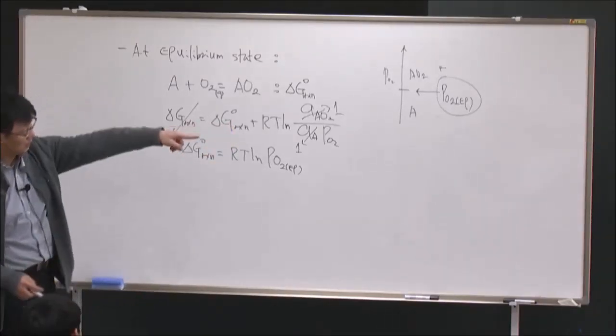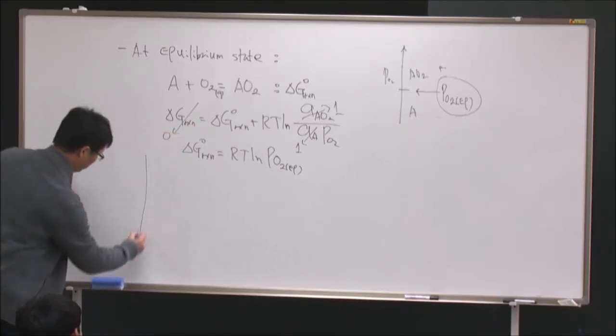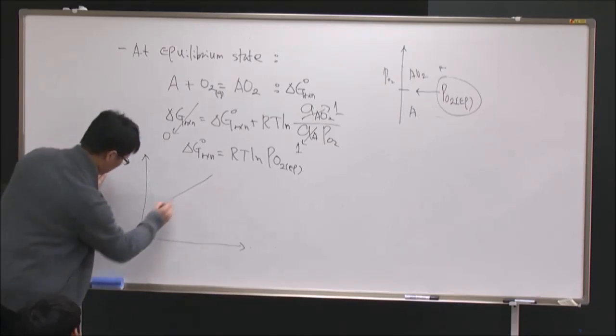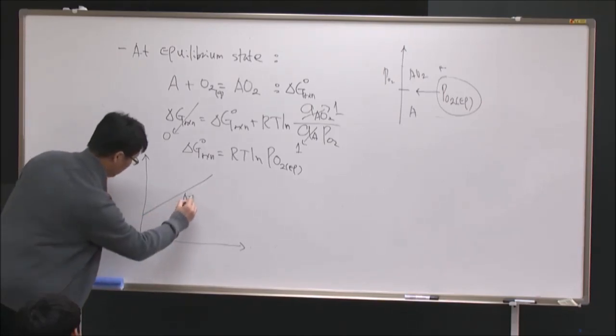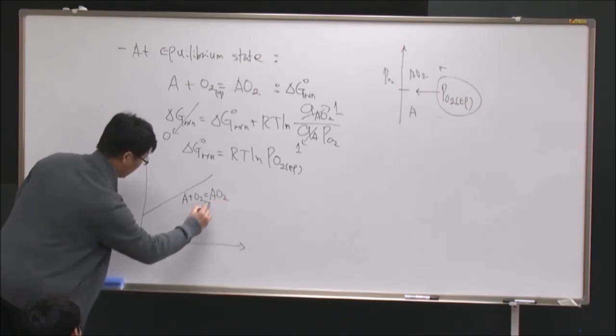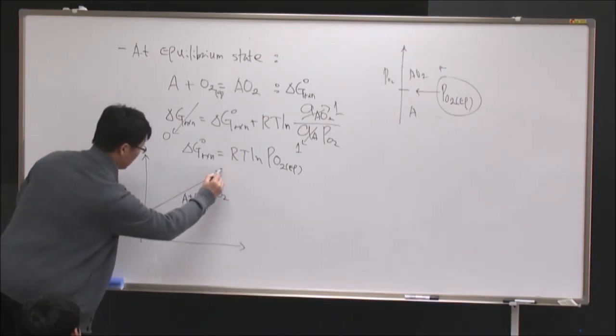Here, let's assume this chemical reaction A plus O2, AO2, this is gas phase. And this is delta G of reaction.